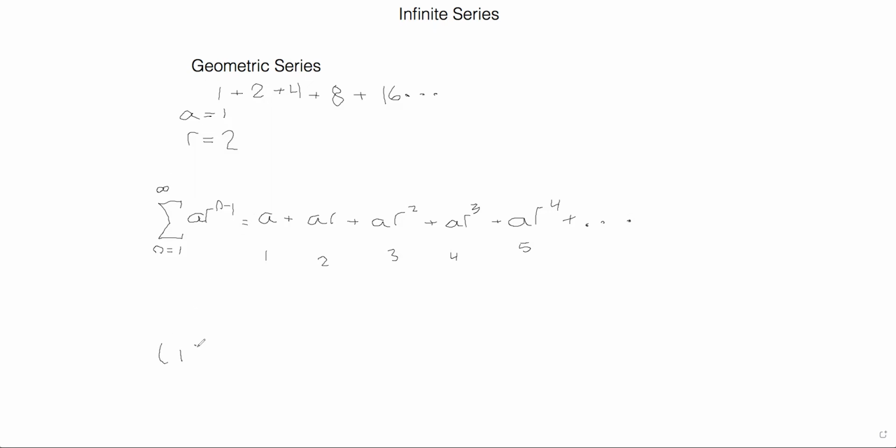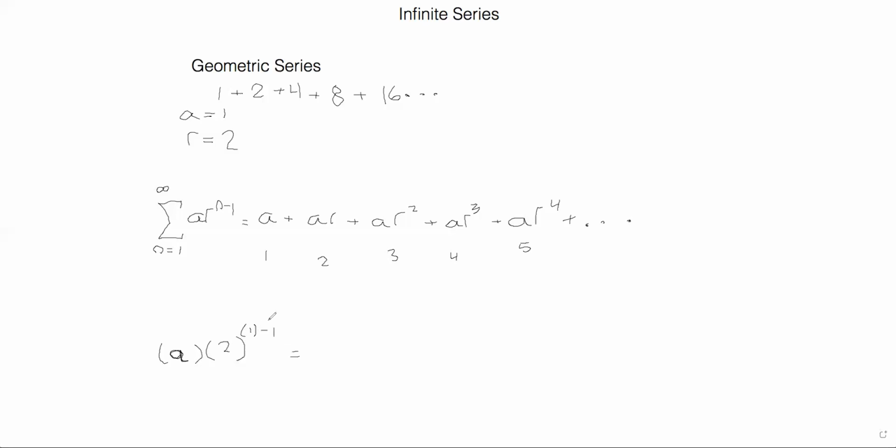So we have our a right there. We have our r right here. And then we have n minus 1. So in this case, we can see that n is 1. So n minus 1 is 1 minus 1. And see if we get the answer we're expecting. So actually, you know what? We might want to just leave this as a for now. So if we were to simplify this, our exponent turns into 0.